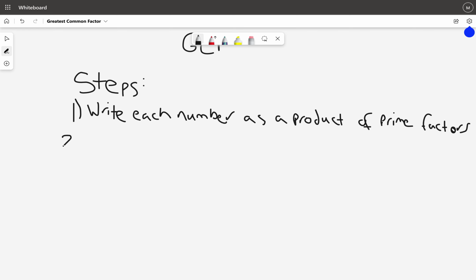The second step, we have to determine the common factors.